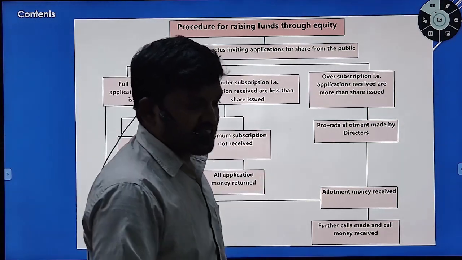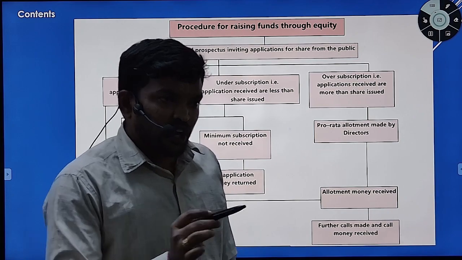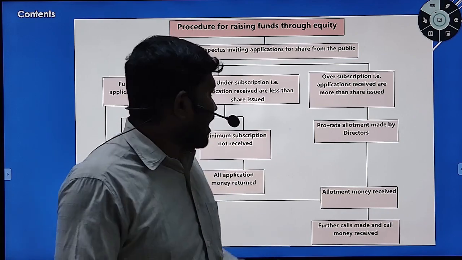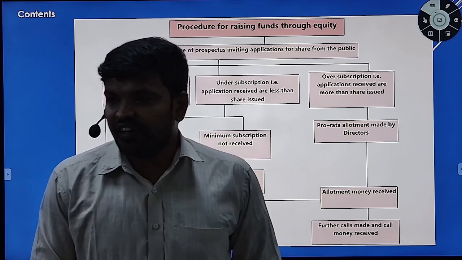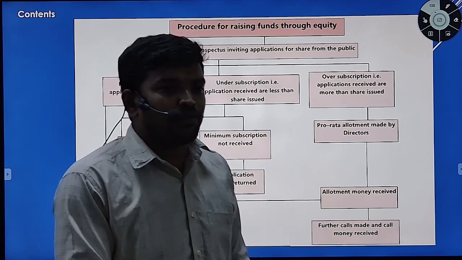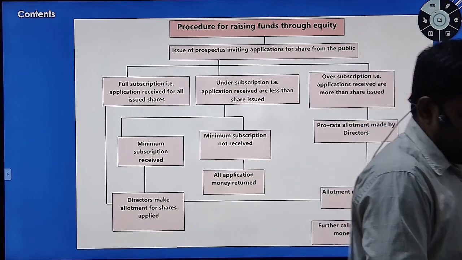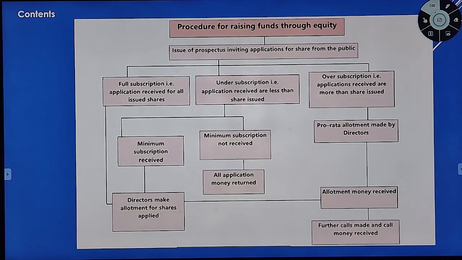Shareholders. Write in the book, okay? Note everything. After this class, you will forget everything, so better note it in the notebook. Take the notes. Shareholders. It is an artificial person created by the law to achieve the object for which it is formed.